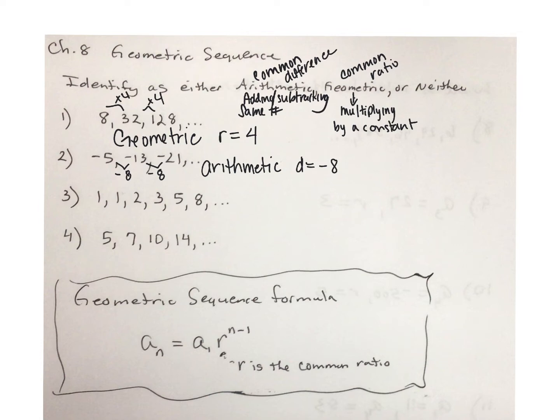What about number 3? It's neither. This is actually a very famous sequence called the Fibonacci sequence. 1 plus 1 is 2. 1 plus 2 is 3. 2 plus 3 is 5. 3 plus 5 is 8. 5 plus 8 would be 13, and that continues on and on.